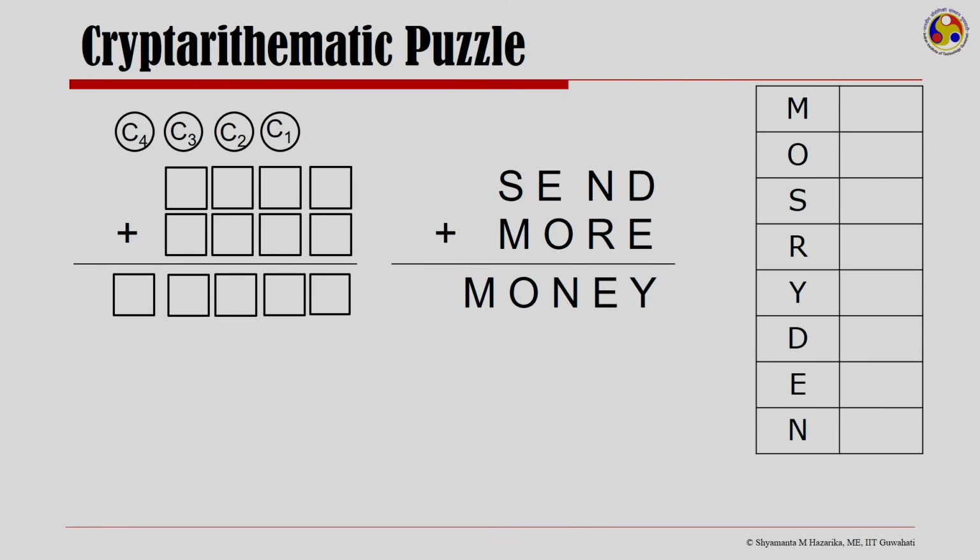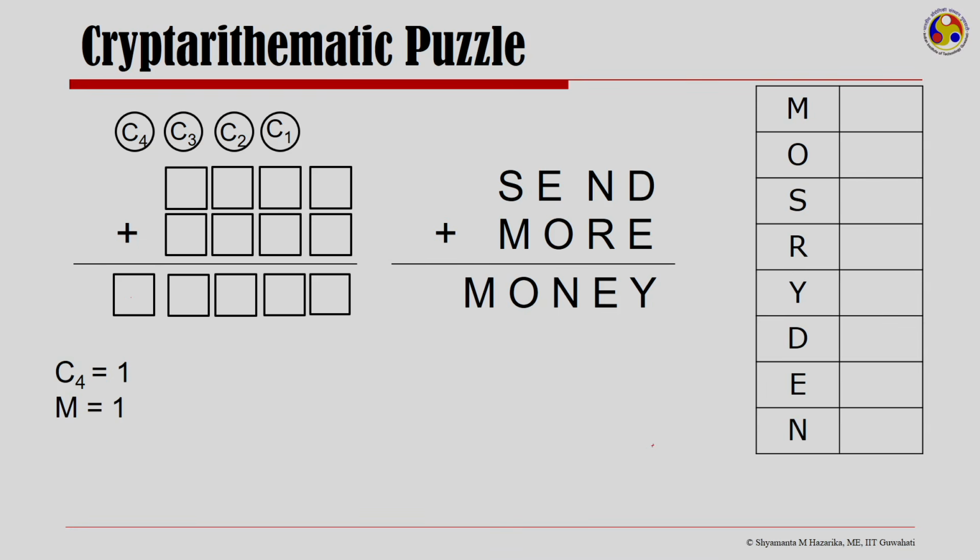So, to start with, we should realize that here C4 should be 1, because the carryover can be either 1 or 0, but a cryptarithmetic puzzle requires that the first placeholder is not a 0. Therefore, C4 must be 1, and in that case I have M equal to 1.